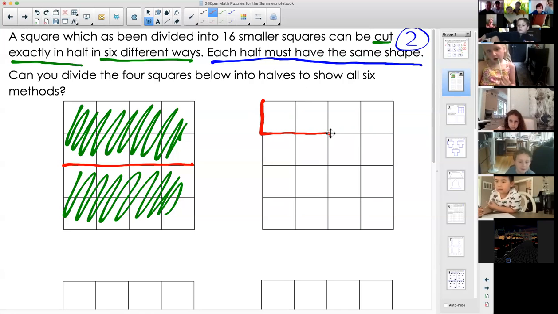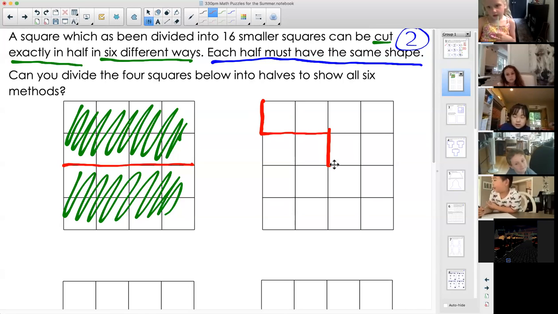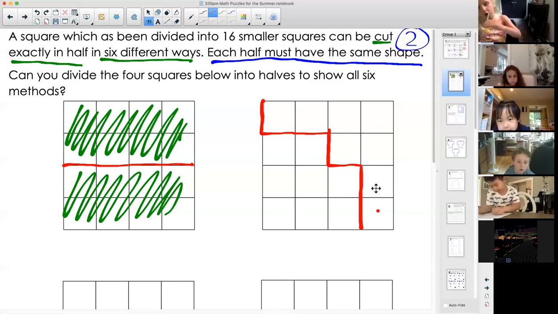Go up 1 square. Go down 1 square. Go over 1 square. And go all the way down. Wow. Let's count them, guys. 1, 2, 3, 4, 5, 6, 7, 8. Guess what? Jackson totally nailed it. He cut it in half.